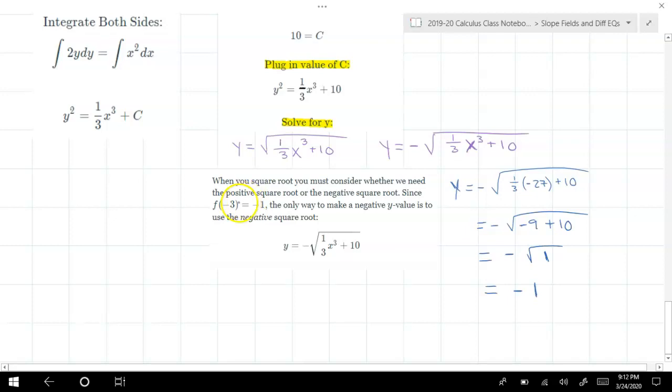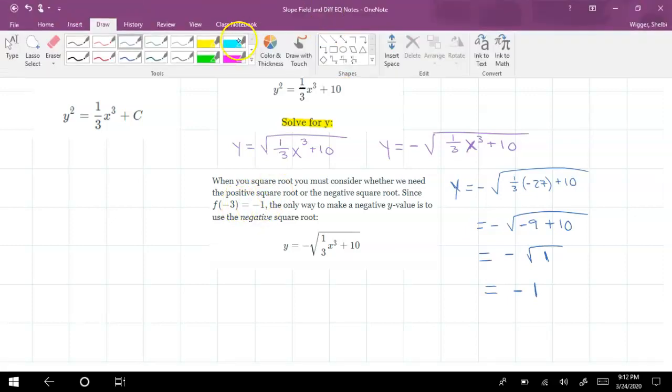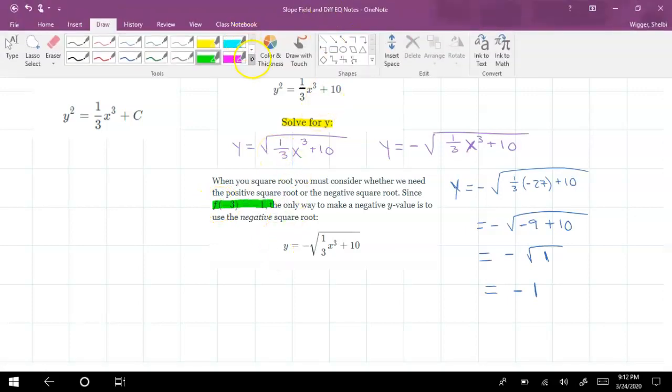That satisfies the initial point, negative 3, negative 1. You check the other equation, you get out positive 1. Positive 1 doesn't satisfy the initial point.